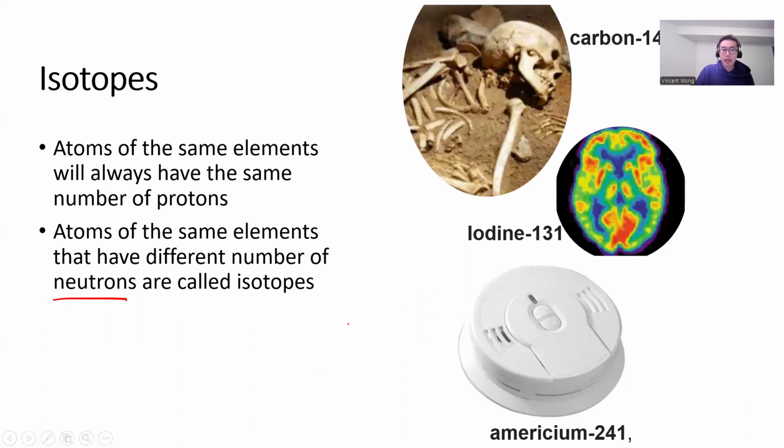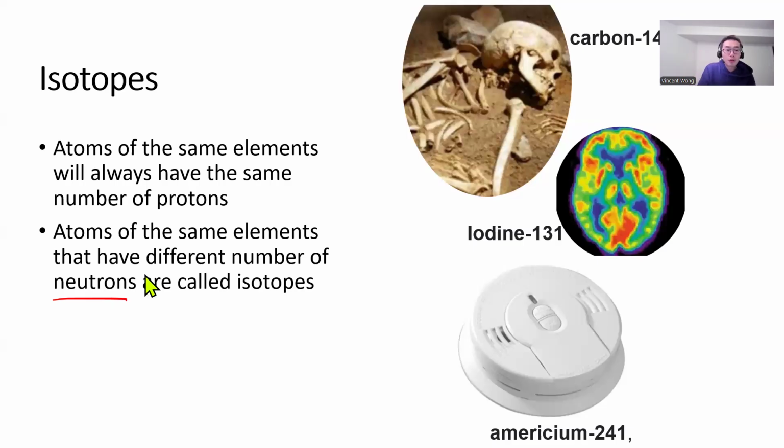Remember, an atom is made up of three things: protons, neutrons, and electrons. Protons cannot change. All the atoms of the same element have the same number of protons. If you look at carbon, all the carbon atoms will have 6 protons. And you will learn how to count these things in chemistry.